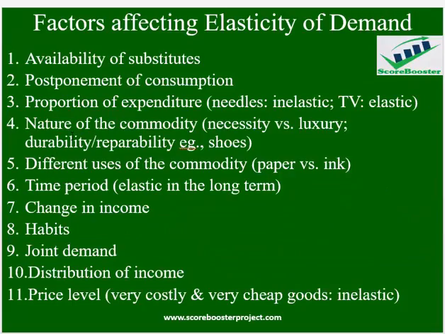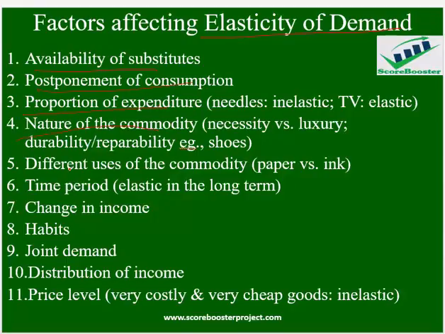Look at this factor. We mentioned them before. You can see one is substitute. These are factors affecting elasticity of demand. Please take note. It's more or less like the factors that affect demand itself. You can see the postponement of consumption, maybe deferral, proportion of your expenditure. How do you want to spend your expenditure?